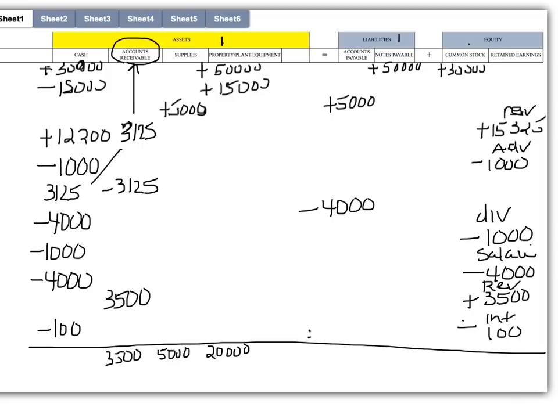So the first thing we're going to do is we take $30,000 plus, minus $15,000.